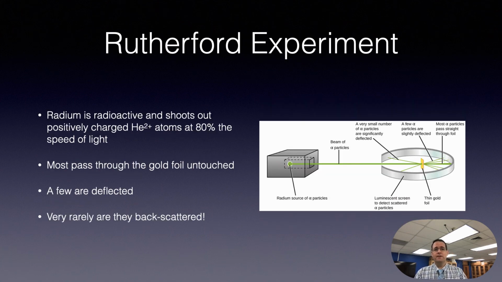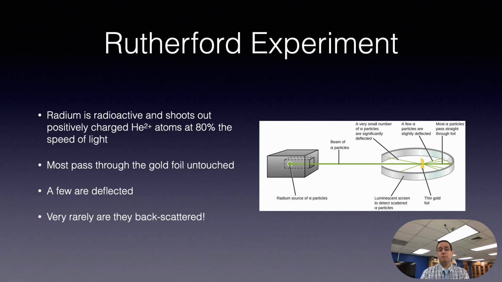Now, Rutherford is famous for his gold foil experiment. This is explained in greater detail in the other slides that I've prepared. But basically, this slide here outlines the experiment, not the model of the atom, but the experiment, okay? So he had a piece of lead that was drilled out, and inside of that was placed radium. Now, radium is a radioactive element, and it basically ejects alpha particles, which are helium nuclei, at 80% the speed of light.